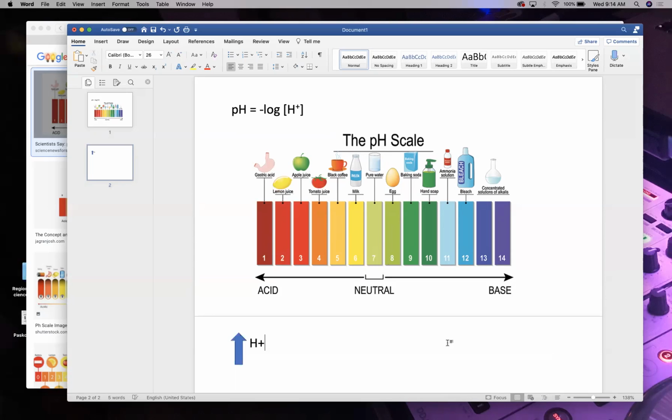Now, what's on the opposite side of the spectrum? If that's H plus, a base or an alkaline doesn't have a lot of H pluses. It has a lot of OH minus, which is also another hydrogen ion. And you know that if I put soap on you, there's going to be some reaction, of course.